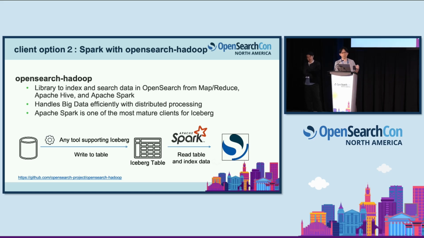In fact, some Iceberg features like changelog view are only available in Spark so far. In addition, Spark provides strong distributed processing capabilities that handle large datasets really well. So this option shines when you need both scale and advanced capabilities.